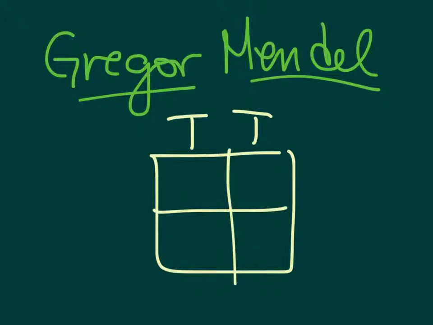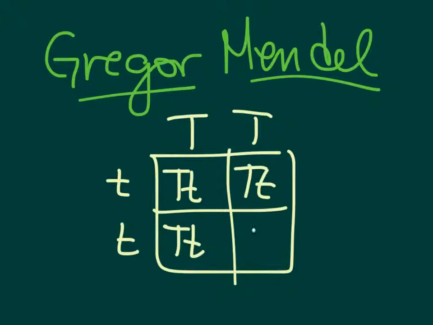And then he took the short pea plants and said, short is the only character they have to pass on. And his test cross, his cross-pollination, allowed him to explain why all of the offspring were tall. Because every one of the produced offspring contained the tall character, which masked the presence of the short character.